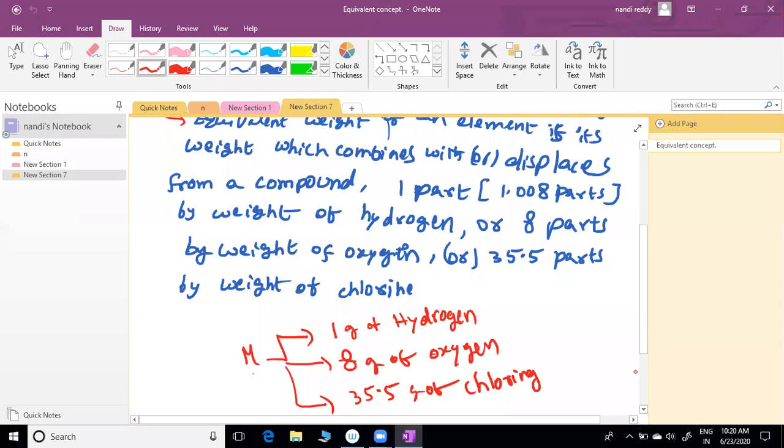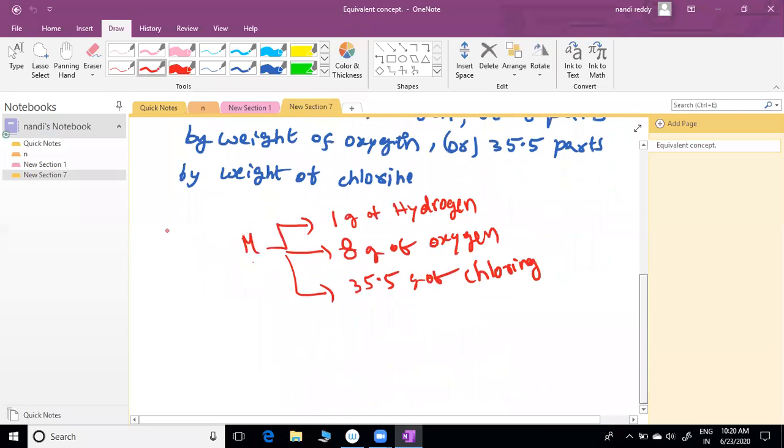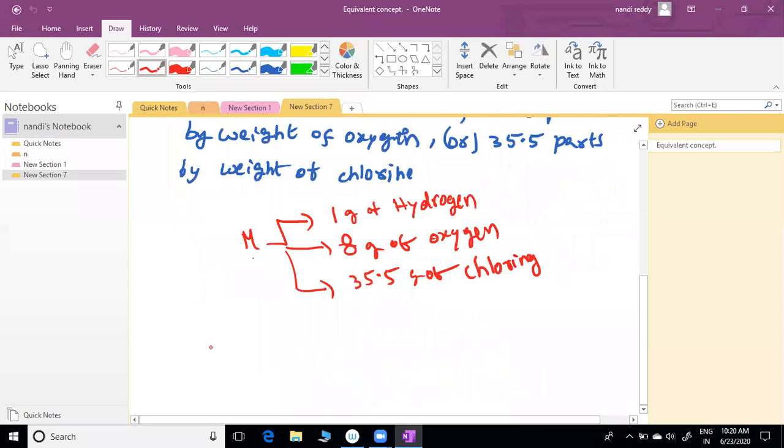So you can see, for example, here, sir, take calcium plus Cl2. How many grams do I need to calculate here?